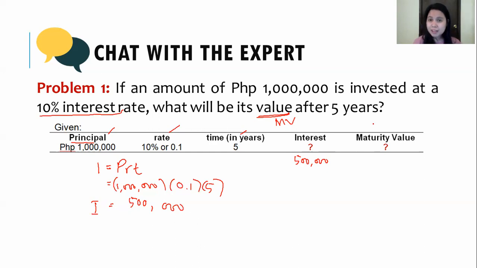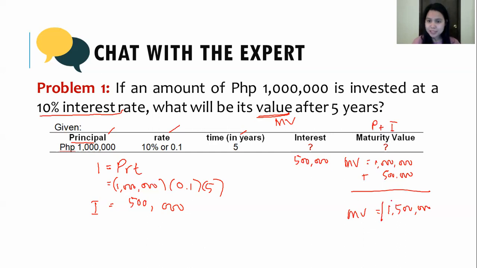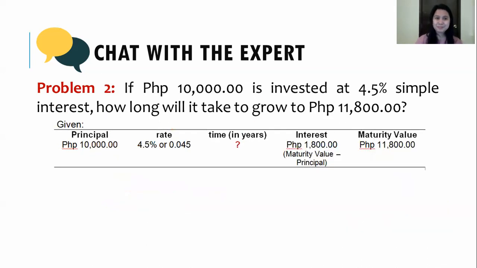The maturity value is principal plus interest. That's going to be 1 million. You add the 500,000. So your maturity value will be 1.5 million pesos. Questions? No questions? Let's go to the next problem.